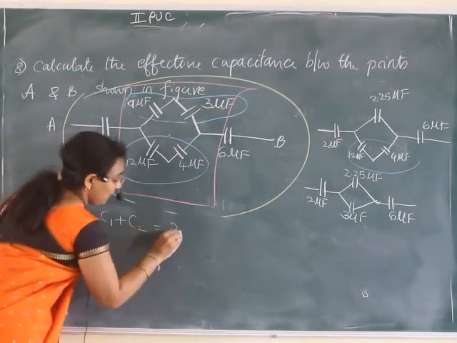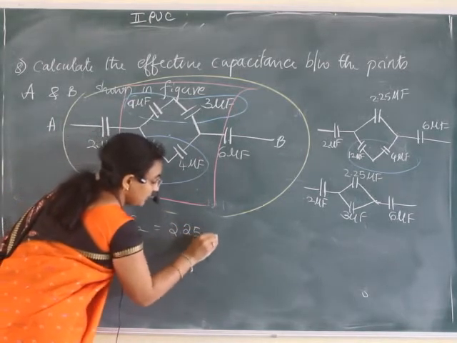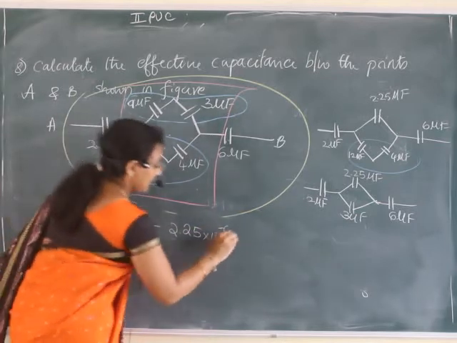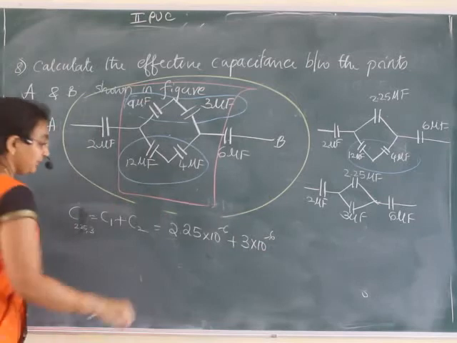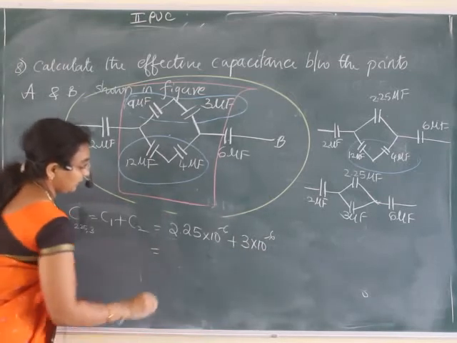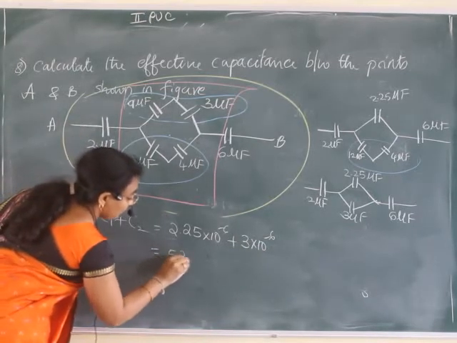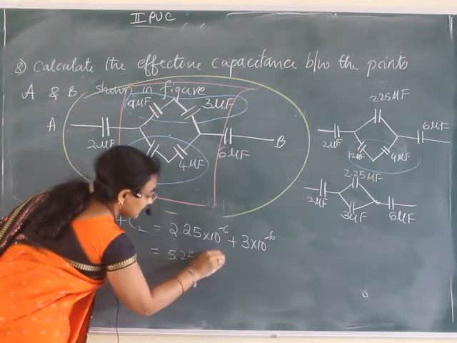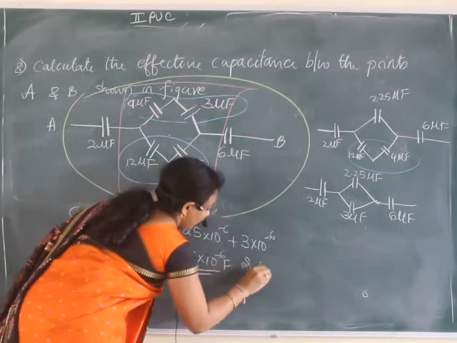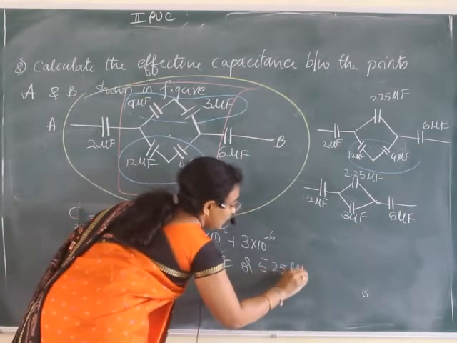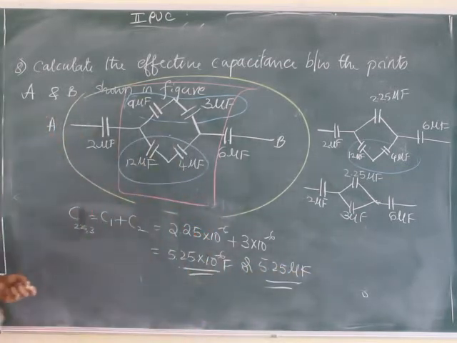Okay, 2.25 into 10 to the power minus 6 plus 3 into 10 to the power minus 6. So we will get 5.25 into 10 to the power minus 6 farad, or 5.25 microfarad.